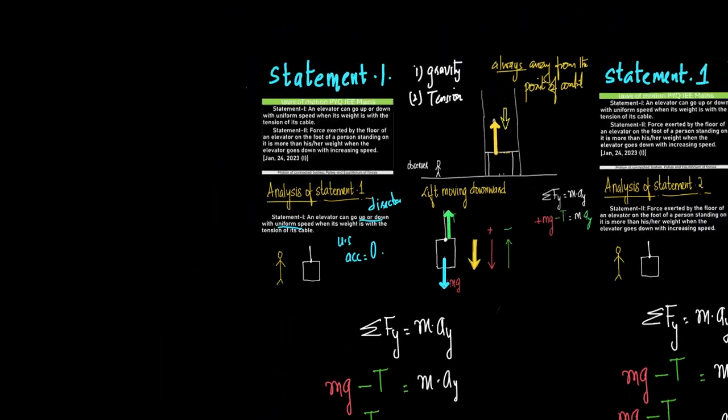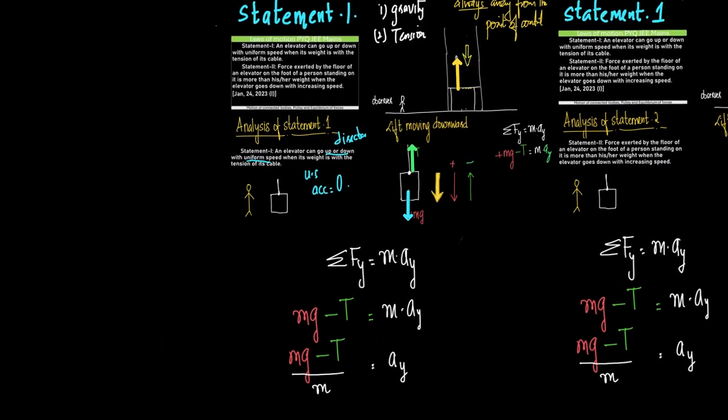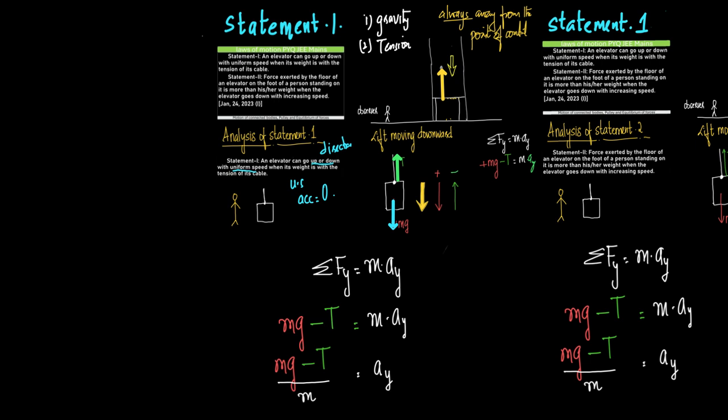Now, according to the question, the lift is moving with a uniform speed, which gives us that Ay is equal to 0.